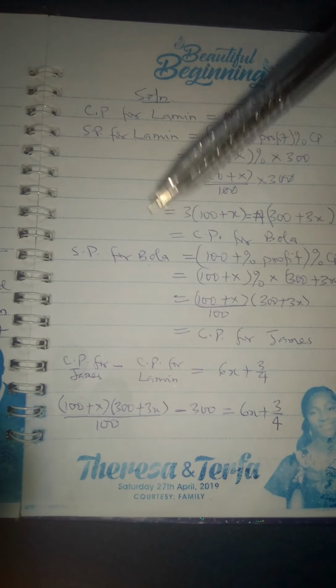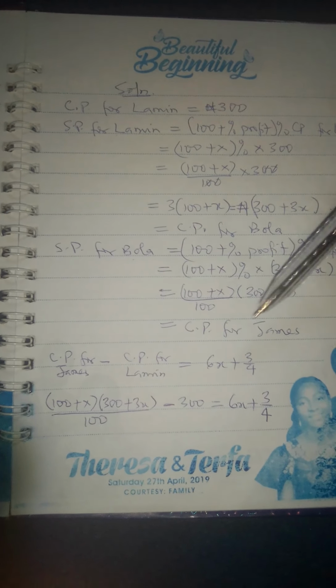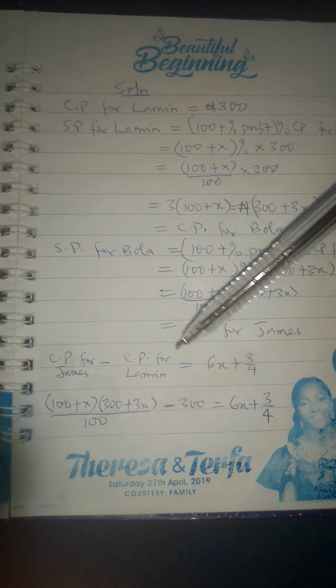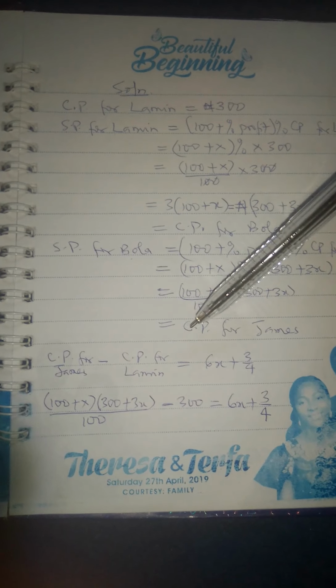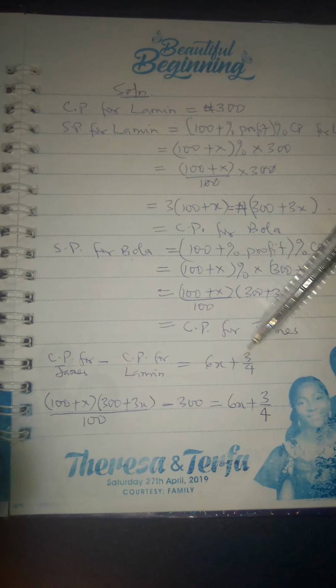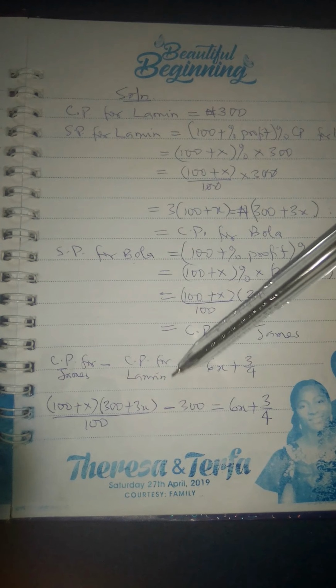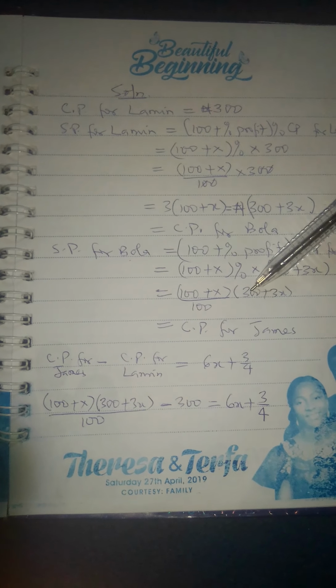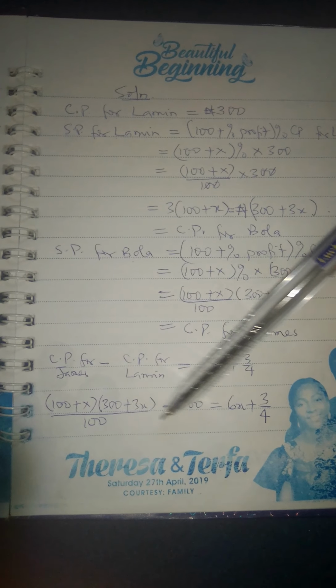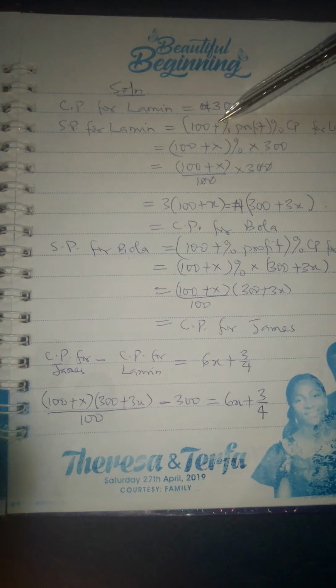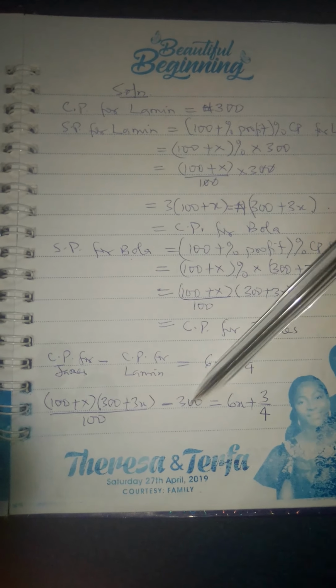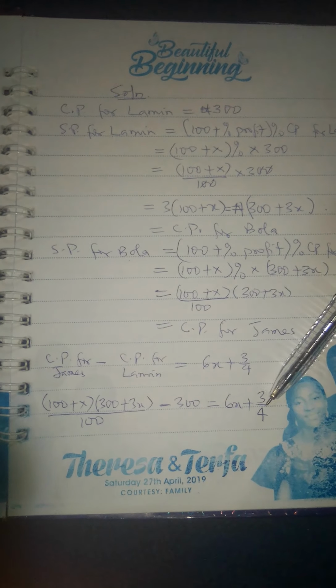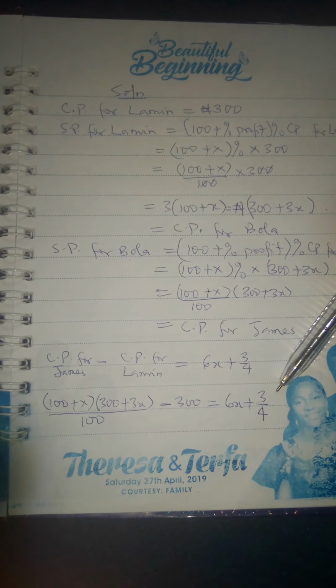The cost price for James is more than that of Lami. Then you make your substitution. Cost price for James, put it, minus cost price for Lami, 300 naira, put it. Then you equate to this. This is now an equation for you to solve.